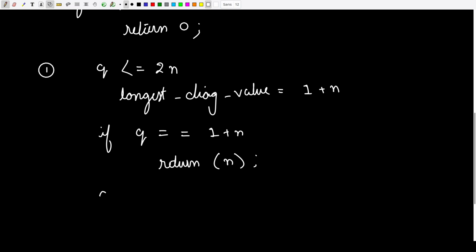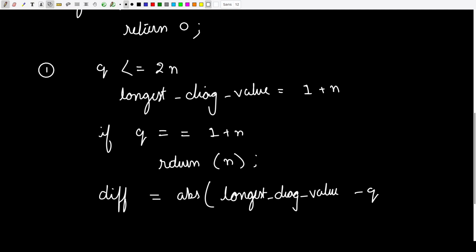For the cases where q is not equal to 1 plus n, what we are going to do is compute the absolute difference between the longest diagonal value and q, and this absolute difference will give me the diagonal in which q lies.